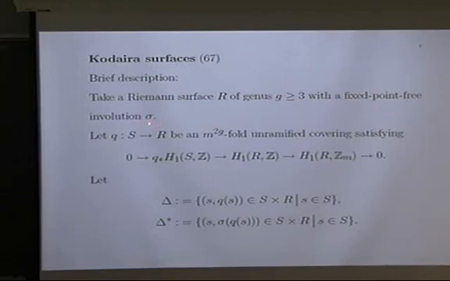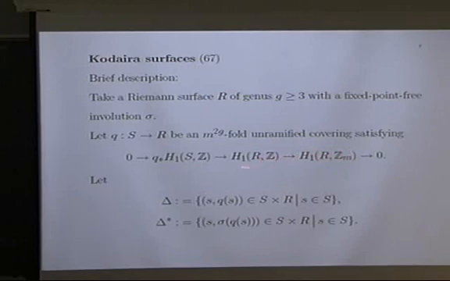So sigma doesn't fix any points. Now you take an m to the power 2g ramified covering S of R, where Q is the projection map from S to R, such that the image of Q star of H1 lies in the kernel of this, so it's torsion.